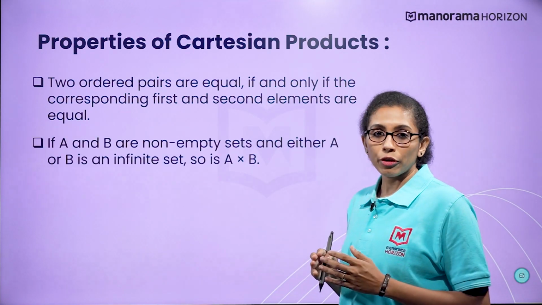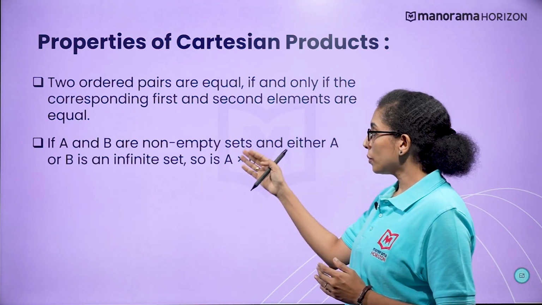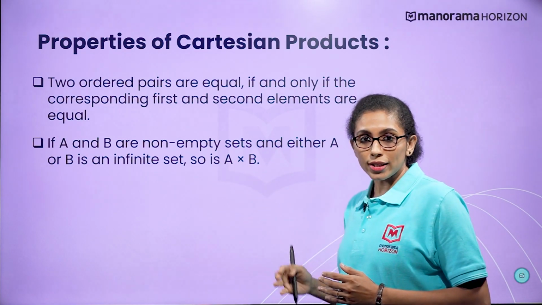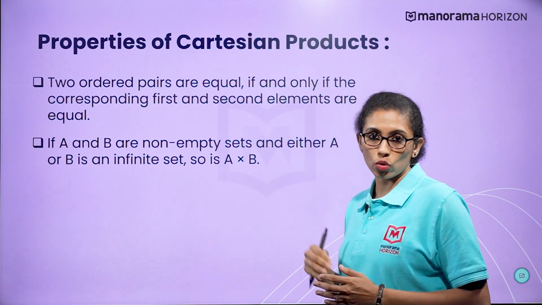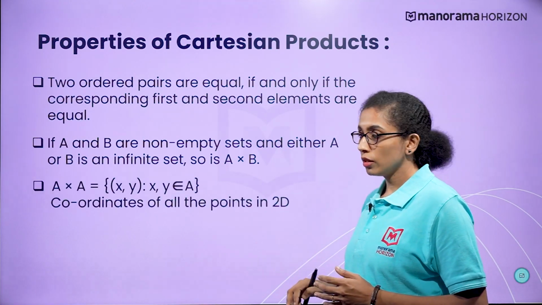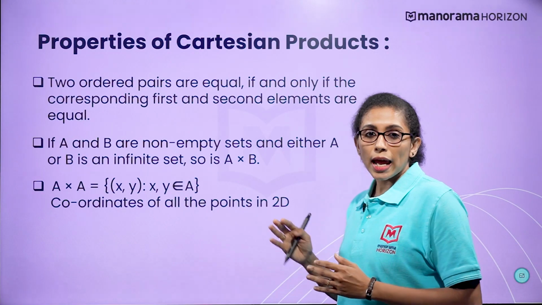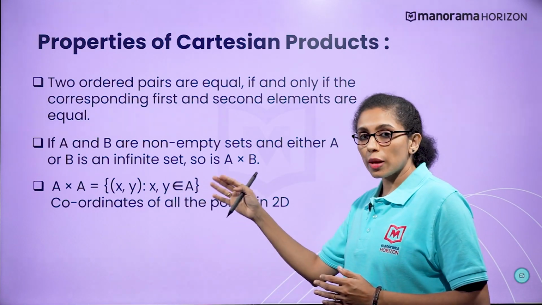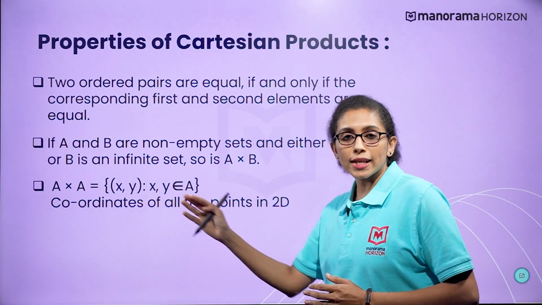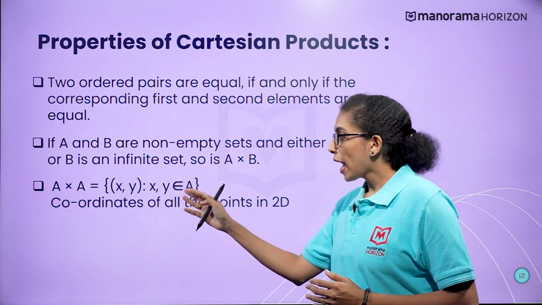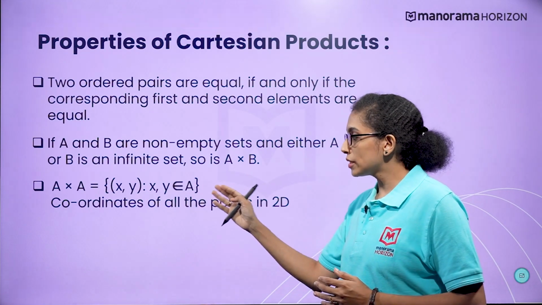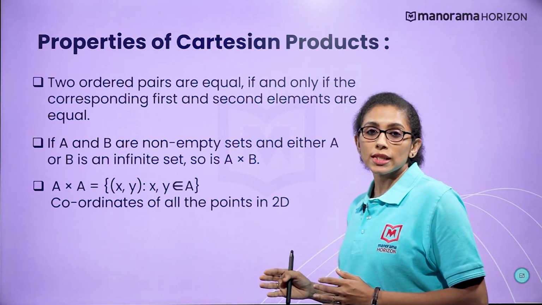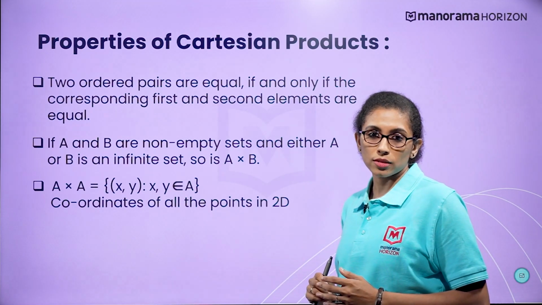Second, if A and B are non-empty sets and either A or B is an infinite set, then so is A cross B. Third, the Cartesian product A cross A is represented by ordered pairs (x, y) such that x and y belong to set A. This represents the coordinates of all the points in two-dimensional space.